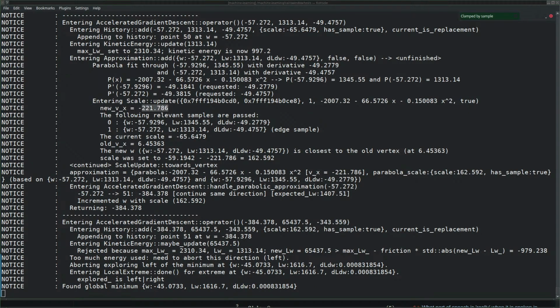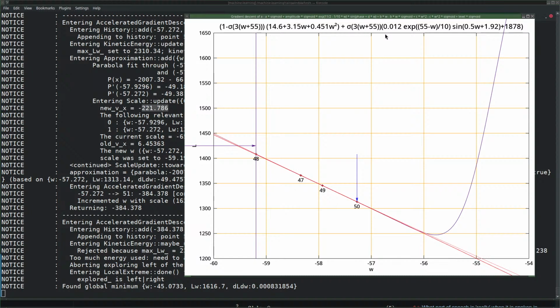Man, this is wrong. I'm not looking for a maximum. Why?